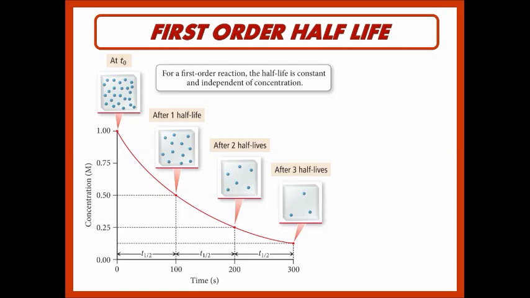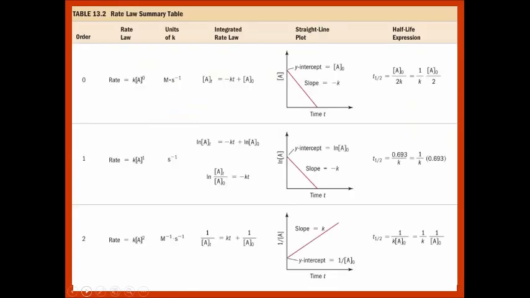Now after 100 more seconds have passed, so after 2 half-lives, the reactant is going to decrease to 1/4 of its initial concentration, so 0.25, which is just 1/2 of 0.5, the concentration of the reactant after 1 half-life has passed. So ultimately we can see that the reactant concentration continuously decreases by 1/2 as each half-life passes.